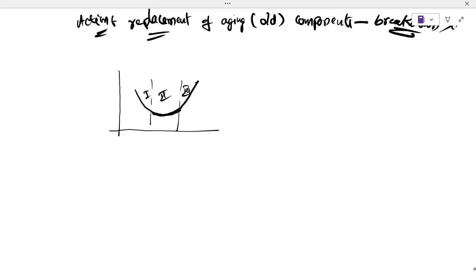The operating time period is very low here, because this bathtub curve is for mechanical components, where we have more frictional losses, more wear and tear losses, and external events. With these problems, the drawback is that you have a shorter operating period with a sharp curve. So this is regarding the bathtub curve. I hope this is clear to you. Thank you very much.